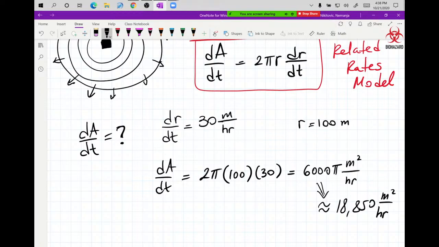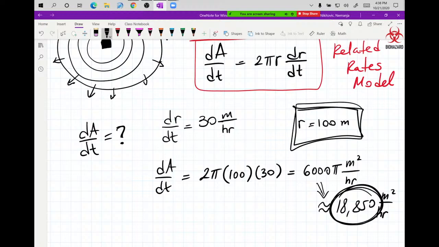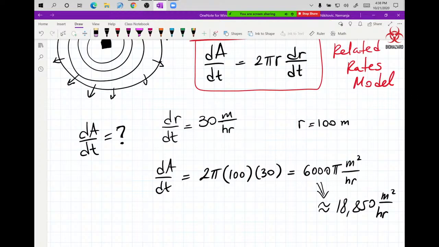So that means that in the hour when the radius was 100 meters, the polluted area grew by this much. This is not the area. If you want to calculate the total area, you will just plug this in the area formula. We are not calculating the area. We're calculating by how much it changes. That's calculus.